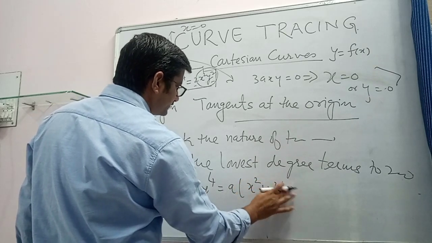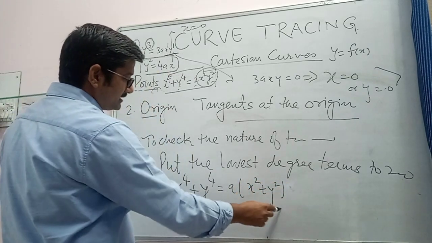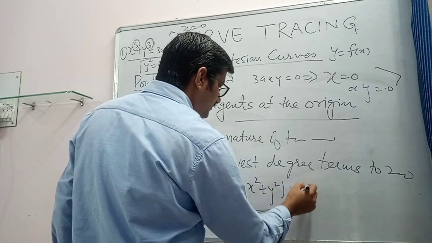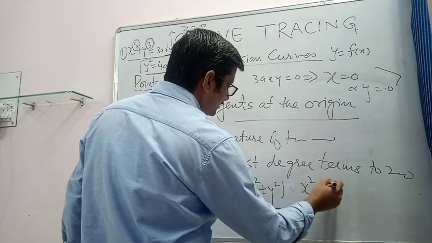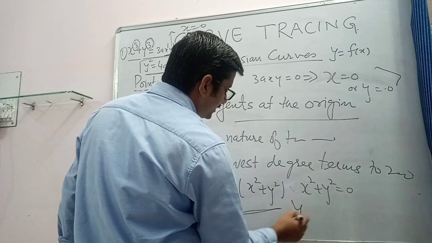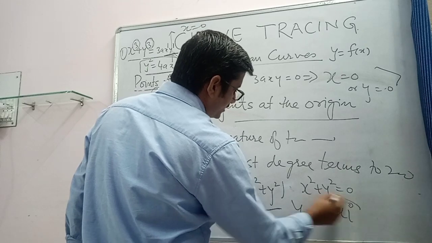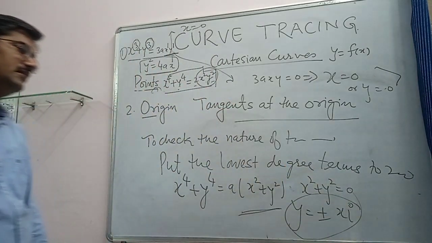So the lowest degree terms are here, x square plus y square. If you put x square plus y square equal to 0, we get y is equal to plus minus ix. So both the tangents are imaginary.